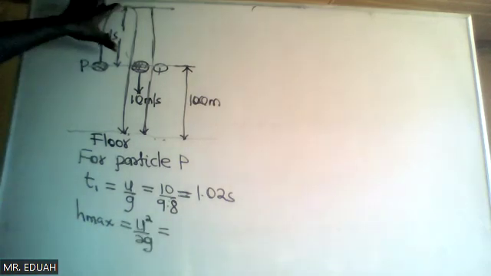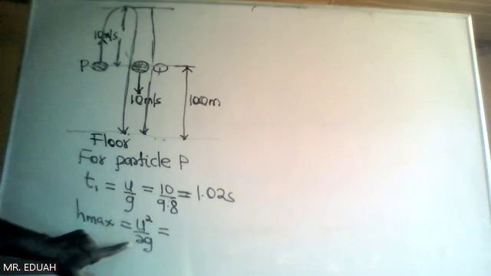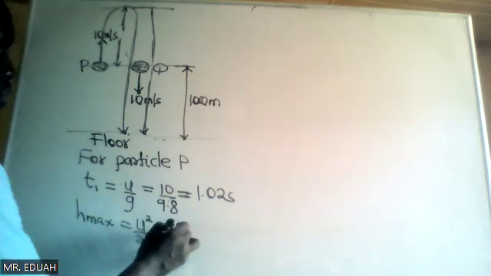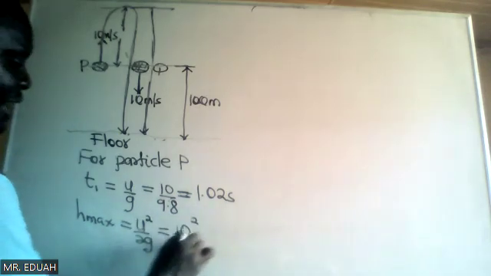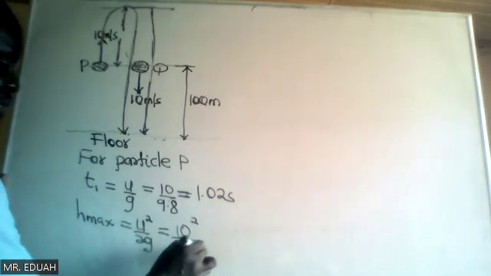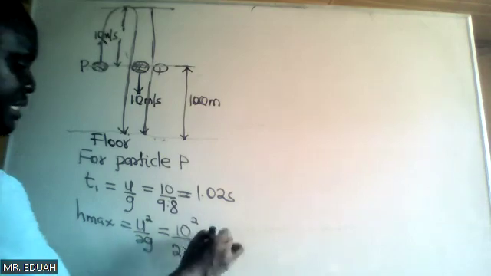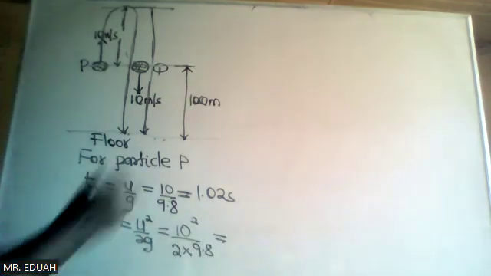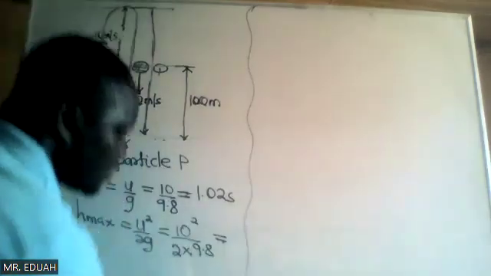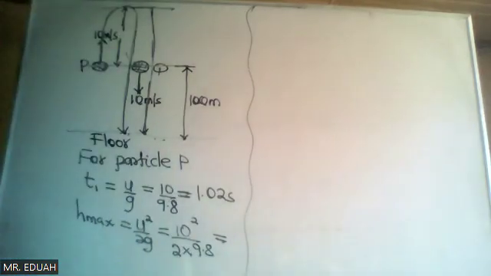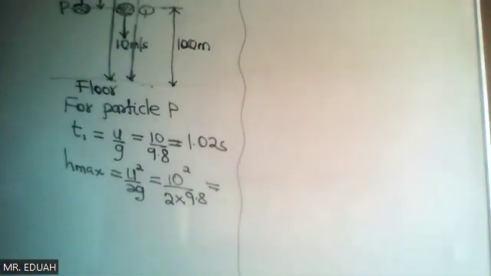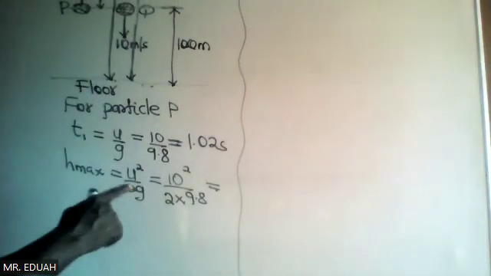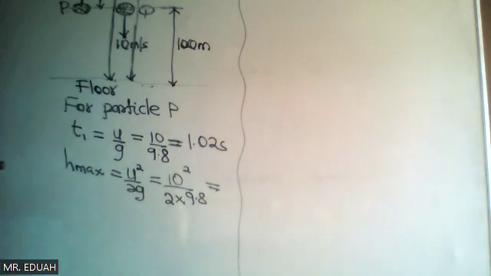So H max will certainly be U squared over 2g. So 10 squared over 2 times 9.8. This is equal to 100 divided by, or 50 divided by 9.8.